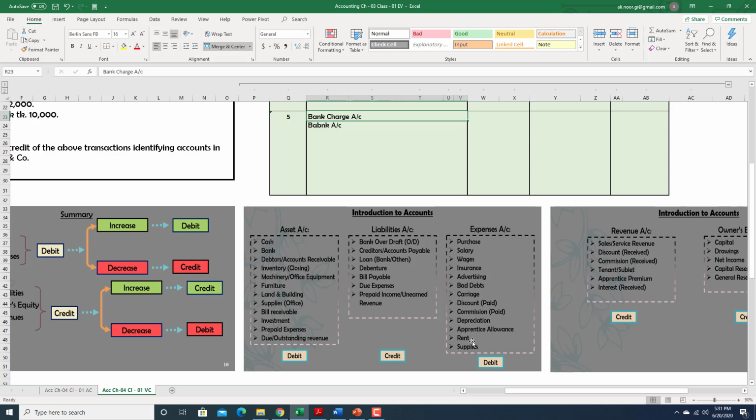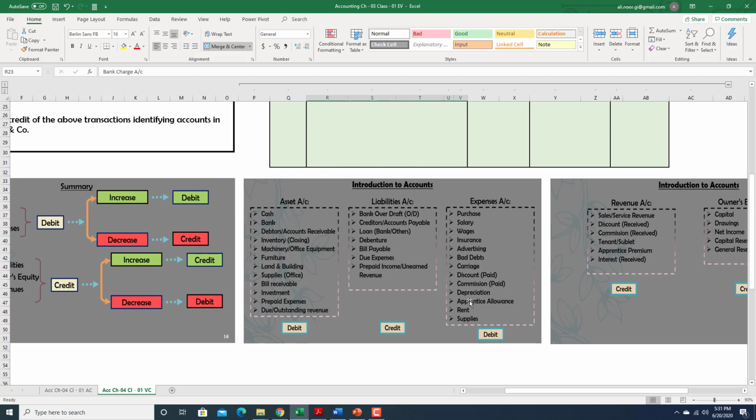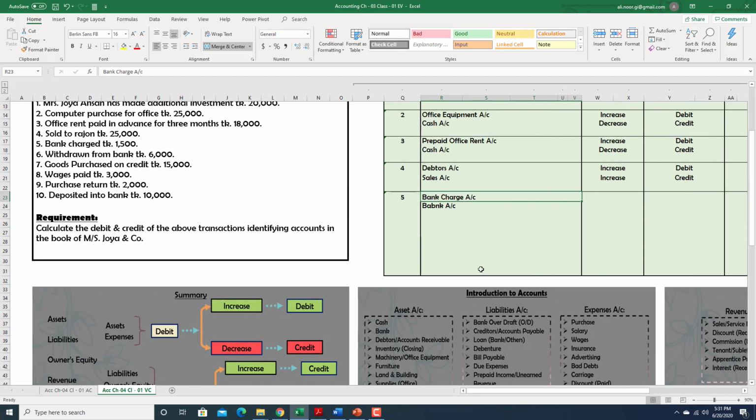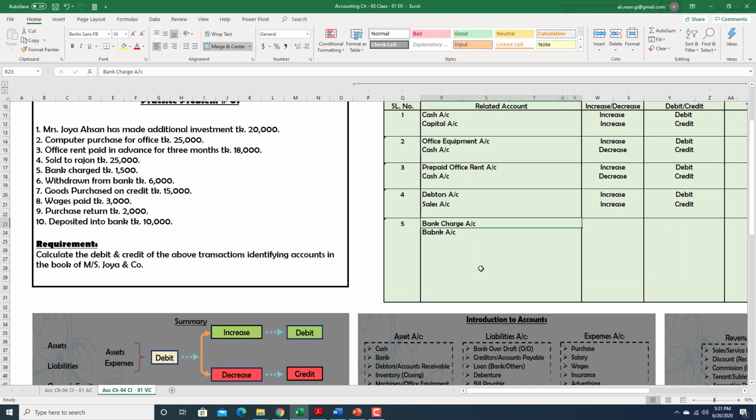Here it is, bank account is an asset account, and I don't know here is it or not. No, there is no mention of bank charge, but from our common idea, we know when anyone charges something from us, it is actually an expense.